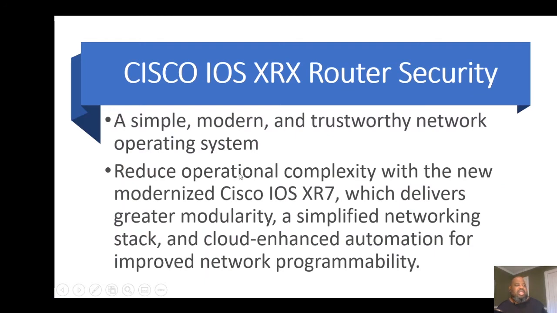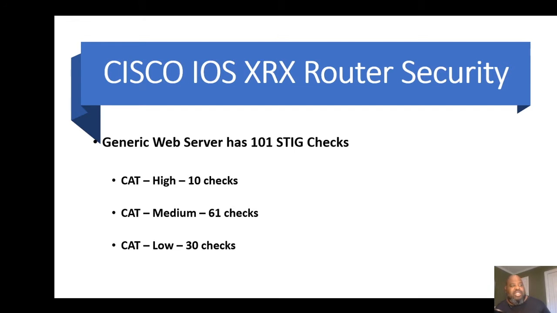Cisco IOS XR Router, a simple, modern, and trustworthy networking operating system, reduces operational complexity with the new modernized XR7, which delivers greater modularity, a simplified networking stack, and cloud-enhanced automation for improved programmability. For this version of Cisco, it has 101 checks, 10 highs, 61 mediums, and 30 lows.